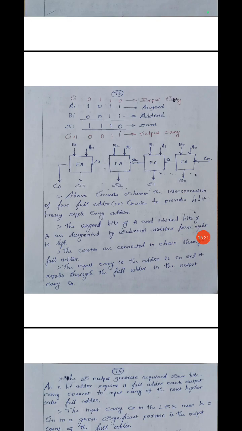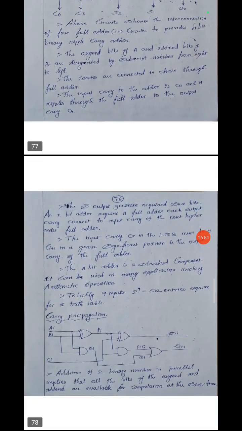N-bit adder means you have to use full adders: 4-bit adder means 4 different full adders, 5 bits means 5 different full adders, n bits means n different full adders. So this is the adder.